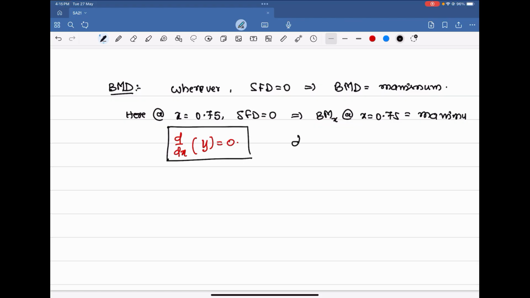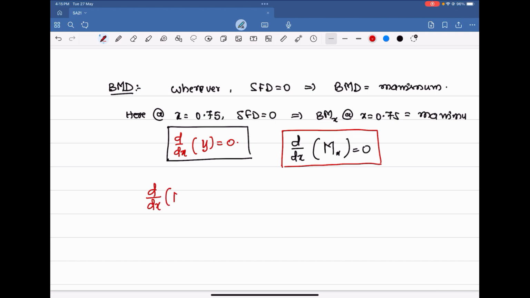Here, d by dx of Mx is equal to 0. What is the d by dx of Mx? Please remember this. D by dx of Mx is equal to SFD. D by dx of Mx is equal to SF at x.